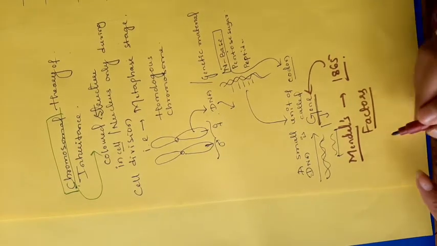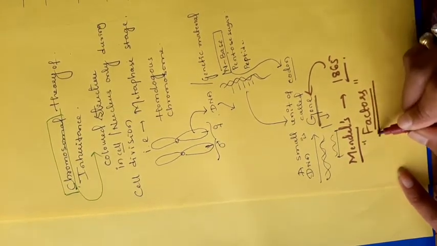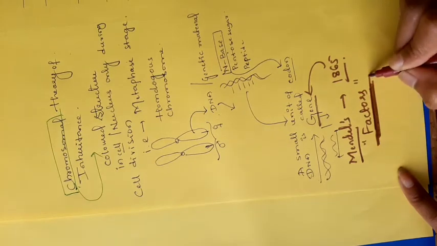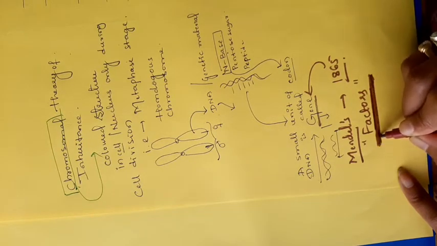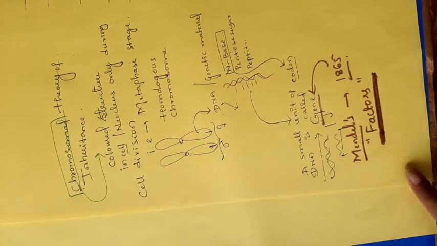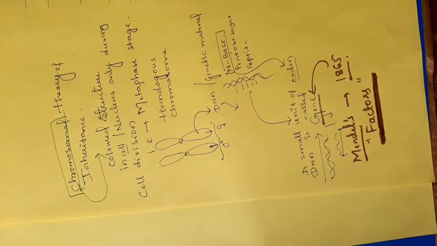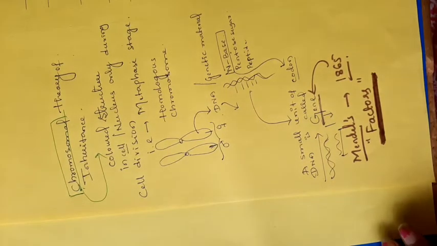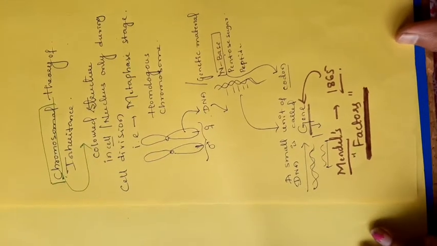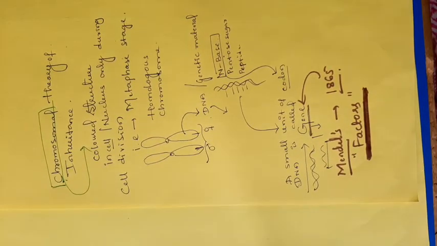He did many experiments and observed the inheritance of characters. Finally, he concluded that something is transferred from generation to generation, and that something is nothing but the factors. He said that inheritance of characteristics happens only by the factors. Those are nothing but the genes.